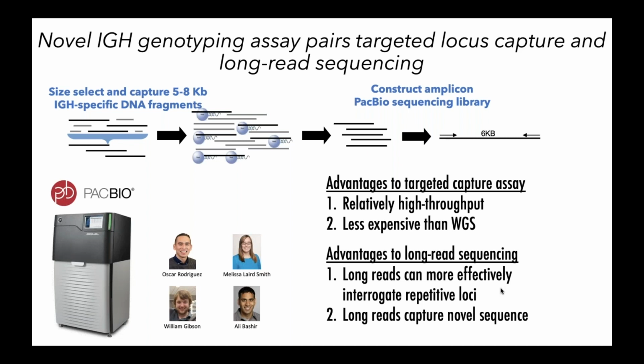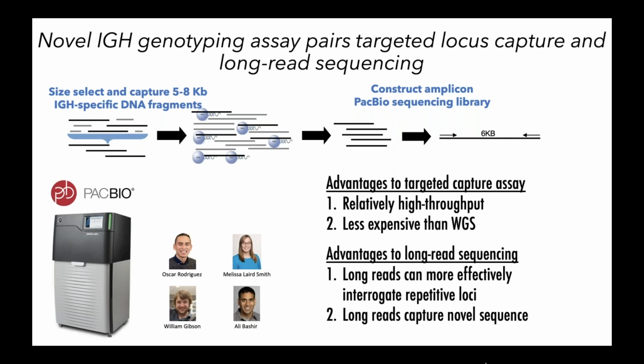But instead of using the standard Illumina-based approach, we have been trying to push the libraries to larger sizes in the 5 to 8 KB range so that we can better leverage long-read sequencing with PacBio. And of course, the advantage there being that with the complexity of the locus, long reads offer improved performance for mapping and assembly than obviously short reads do.